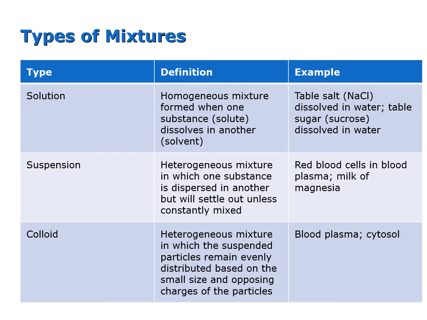We put salt in water. The solute, the substance that will dissolve, will be the salt. The solvent, or the substance that dissolves the salt, will be water. Another example will be table sugar, or sucrose, that dissolves as well in water.